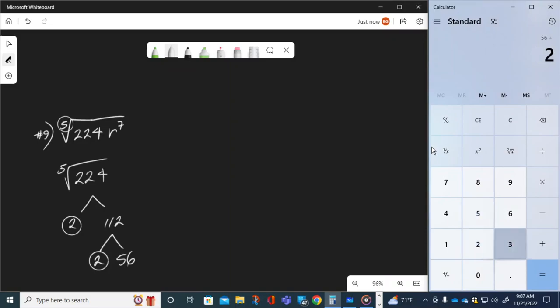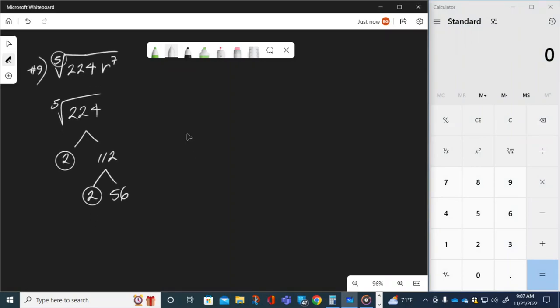And then again, I'm gonna divide by 2, okay? So 56 divided by 2 equals 28. Okay, and again I'm gonna divide by 2 and that is 14.